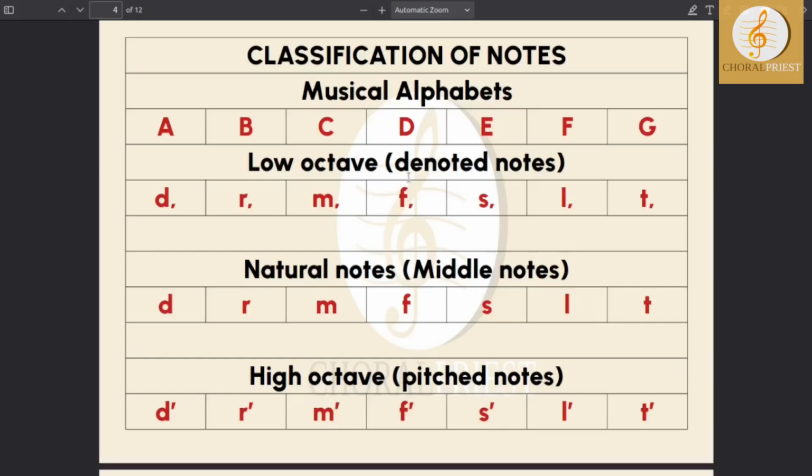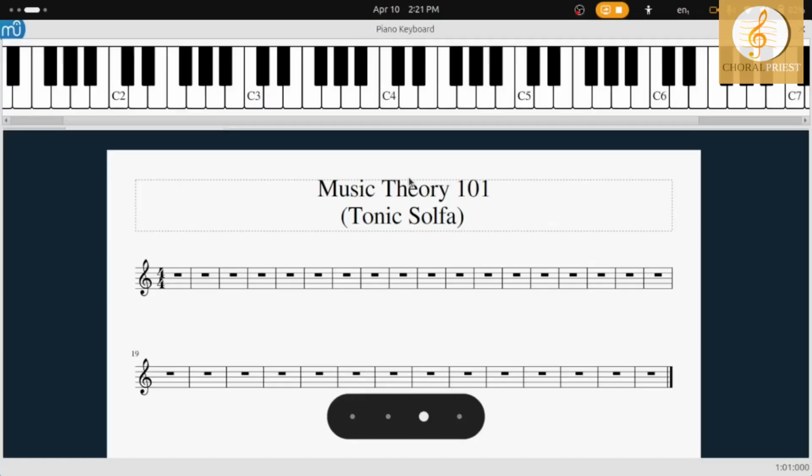Now, we have what we call the low octave notes, we have the natural notes, and we have the high octave. Now, back to our keyboard. When we are on the middle C, that is the C directly in the middle of our keyboard, the note ranges from this C, that is C4, to this note C5, generally known as the middle octave.